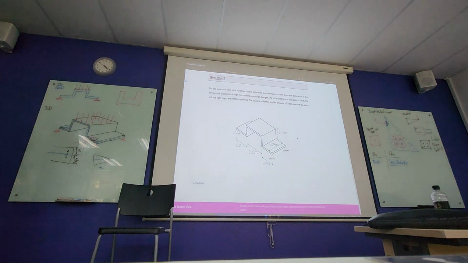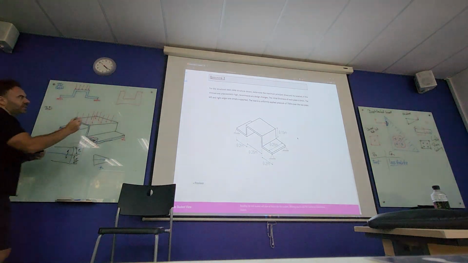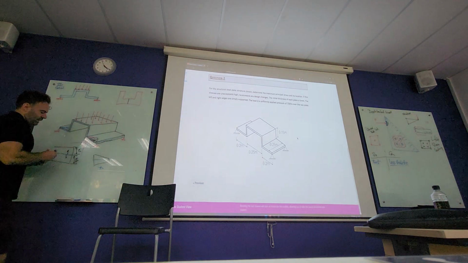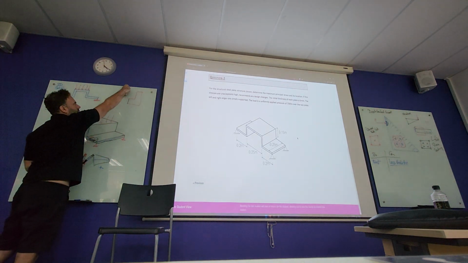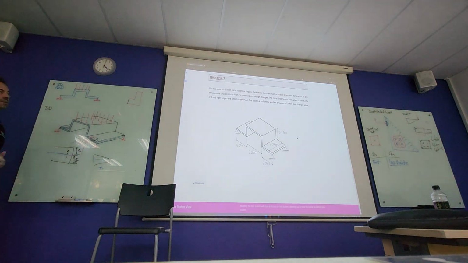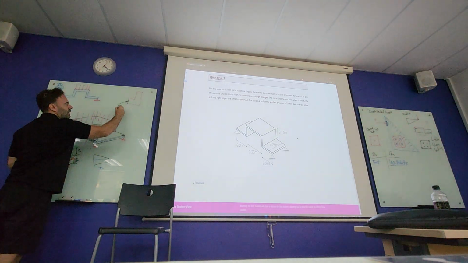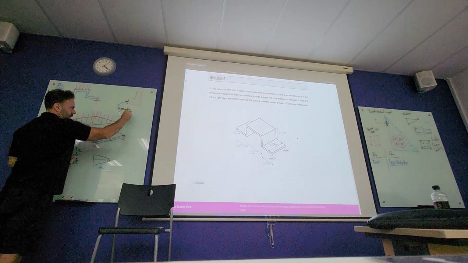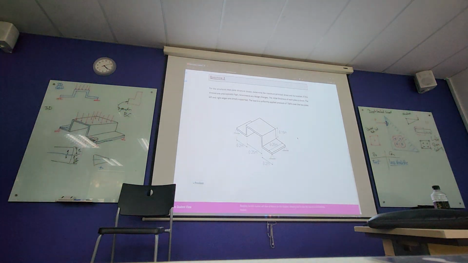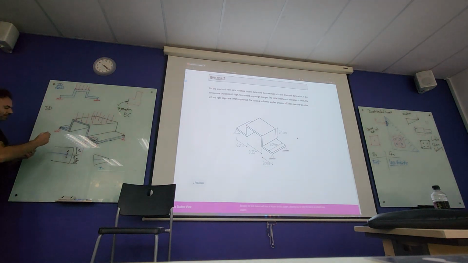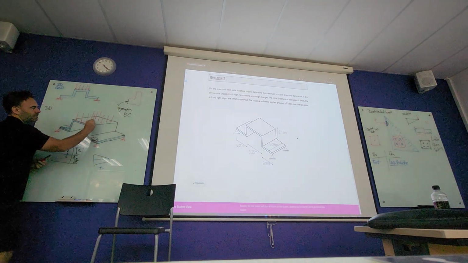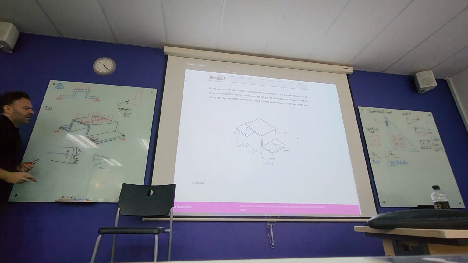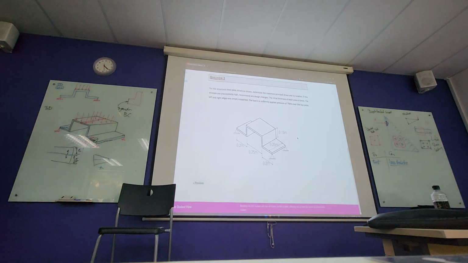Rather than modeling the whole thing, we said how about we put a boundary condition there, and we don't model that bit there. This was a symmetry boundary condition. Could we use symmetry there? Yes, we could. So we could split it here and just model one half. That would save us nodes, computation, and so on.